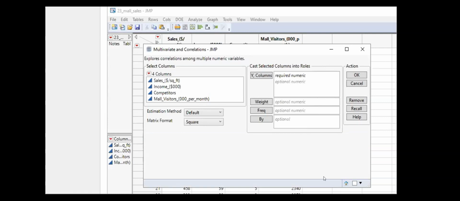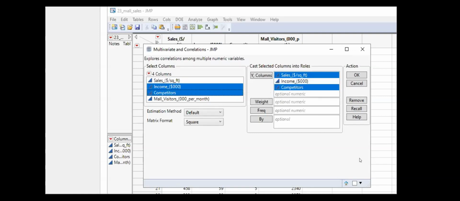What are we looking for here? We're looking for a scatter plot matrix and a correlation matrix. When you have multiple explanatory variables, you need to see all the associations at the same time. So sales is my response, and any other explanatory variable I'm considering, these two, they all go to the same box, Y Columns, under Multivariate and Correlation.